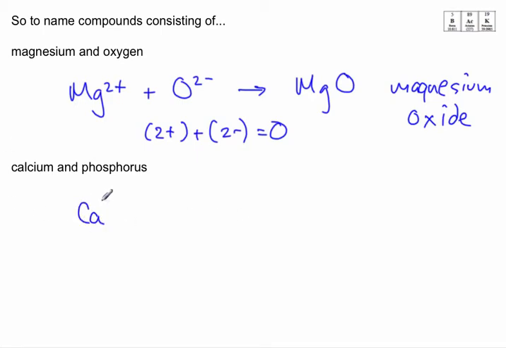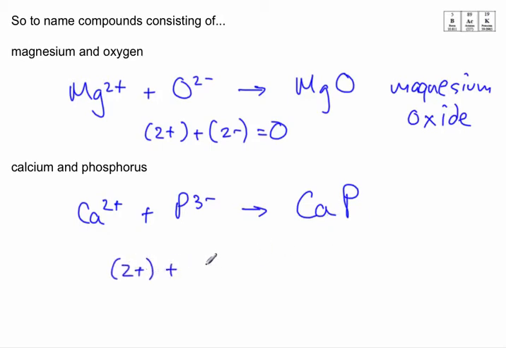So Ca2+ plus P3-. We put that together, CaP. Now if we left it at that, we would have to check the zero-sum rule. 2+ plus 3- does not equal 0. It in fact equals -1. So we have to balance the charge by adding more or less of the individual ions.